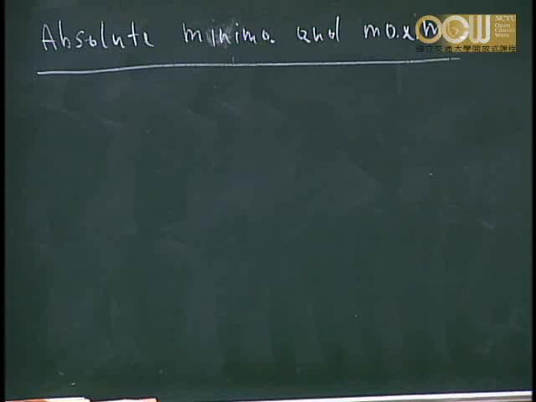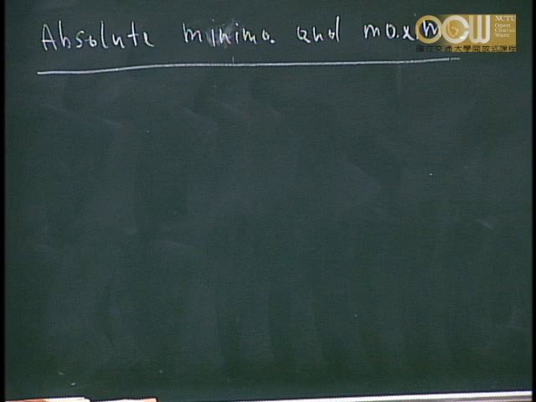Maybe you remember, whenever we have a continuous function on a closed interval, then we have the so-called extreme value theorem, which tells us that such a function must have an absolute maximum and an absolute minimum. You might guess this intuitively, but we haven't proved it last semester, and it's not so easy to prove this result.